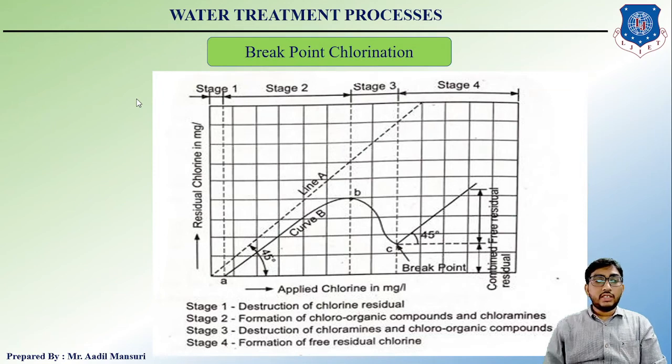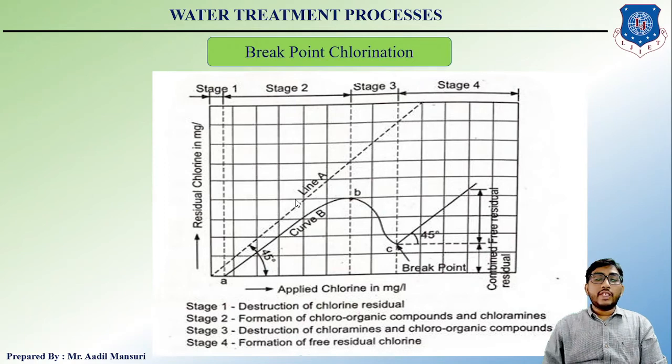You can see the graph, right? Here the graph is of residual chlorine in milligram per liter versus applied chlorine in milligram per liter. Okay, so what do we mean by breakpoint chlorination?